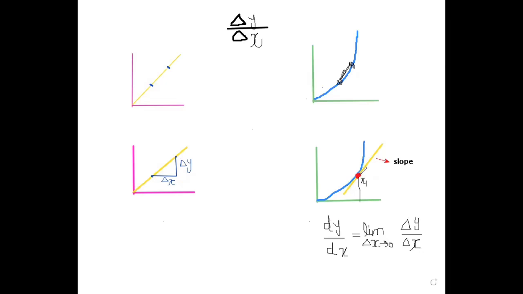That should be the rate of change at that point, the instantaneous rate of change. This is what we call the derivative, the rate of change of y with respect to x when the change in x approaches zero. This is the concept of the derivative, and we call it dy by dx.